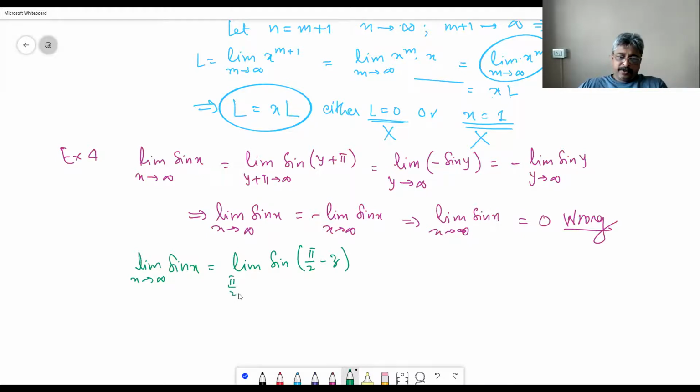So pi by 2 minus z tends to infinity. This implies limit cos z. And now what will z become here, minus z. So z tends to minus infinity. I am not making an algebra mistake here. As pi by 2 minus z tends to plus infinity, z tends to minus infinity. Right? So algebra is correct.